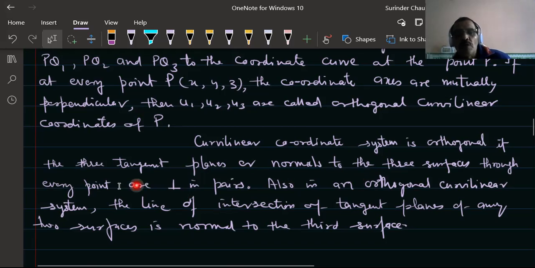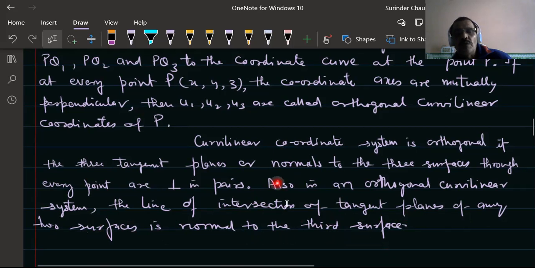So if you take any point in space, we say the system is orthogonal if the three tangent lines to the curves, or normals to the three surfaces, through every point are perpendicular in pairs. Also, in an orthogonal curvilinear system, the line of intersection of the tangent planes of any two surfaces is normal to the third surface.